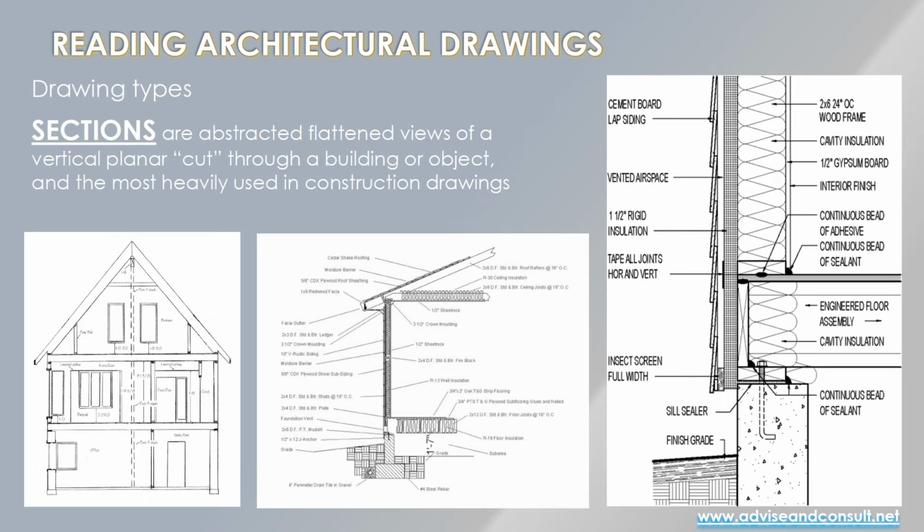So here you can see how the relationships between the floor, the foundation, the wall, the roof rafters, and the slope of the roof all relate to each other. And then the detail on the right gives you a specific location of one piece of that construction. And I'll show you how that works when you move through a set of drawings, and it's not intuitive, so I will show you that here shortly.